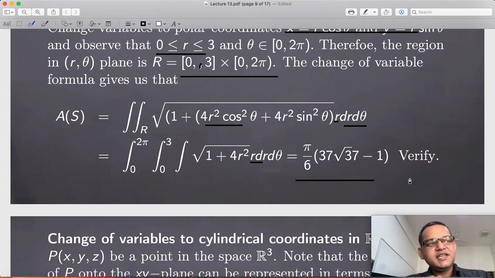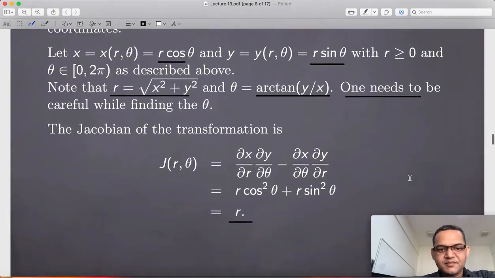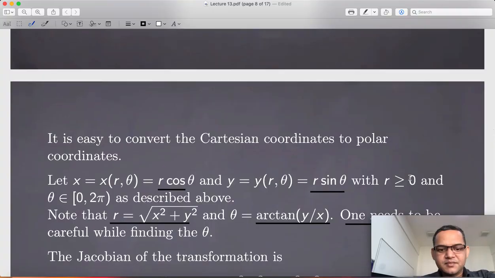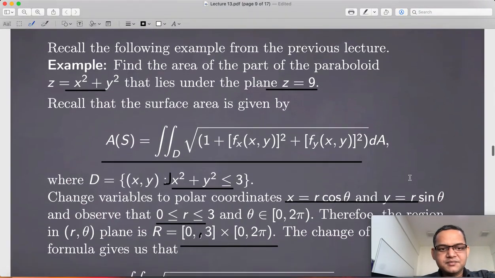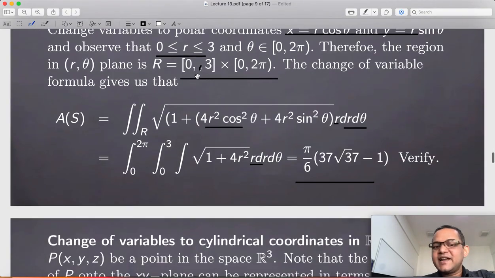So what I am trying to say here is that the projection of this, which is the disk, is now transformed into a rectangle. This is a very easy thing to do, because when I have a rectangle, I can apply the Fubini theorem and then just compute the integral.